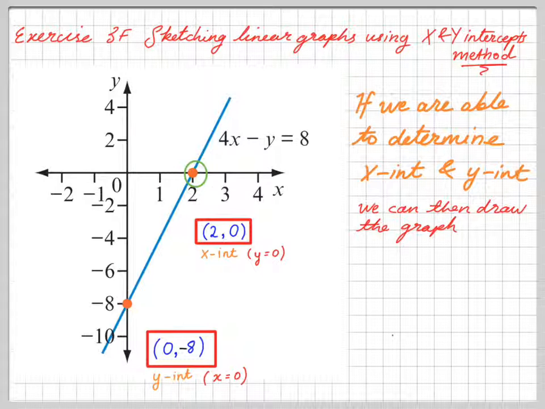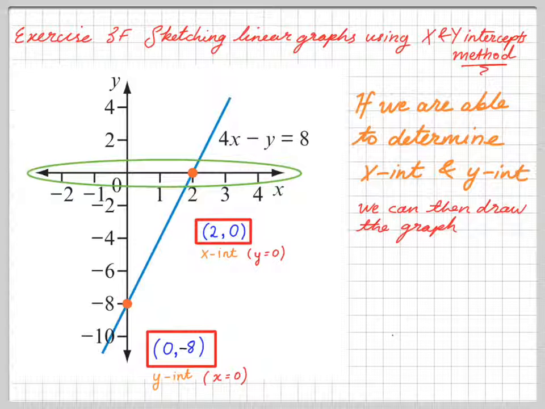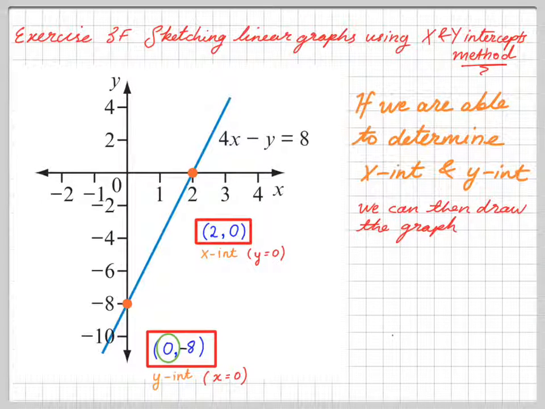So if the line went through any of the x values, so if the x-intercept was -2, 1, 100, we should know that our y coordinate for the x-intercept is 0. And that goes for the y-intercept. So if we were to find our y-intercept, we should know that it has an x coordinate of 0.